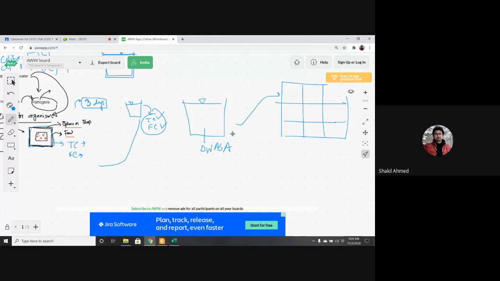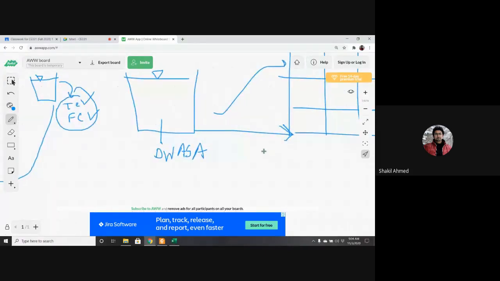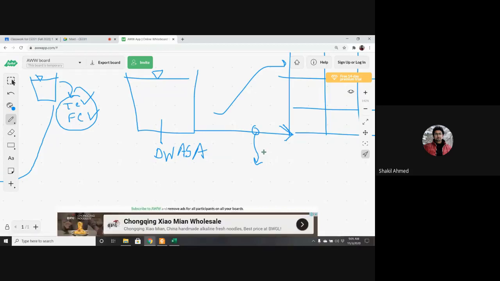So you may think the water that you are supplying might be contaminated. You collect the water and want to check whether there is any microbial contamination. What test would you perform? Total coliform and fecal coliform, as well as other tests. As an environmental engineer, you need to know which test you want to perform.